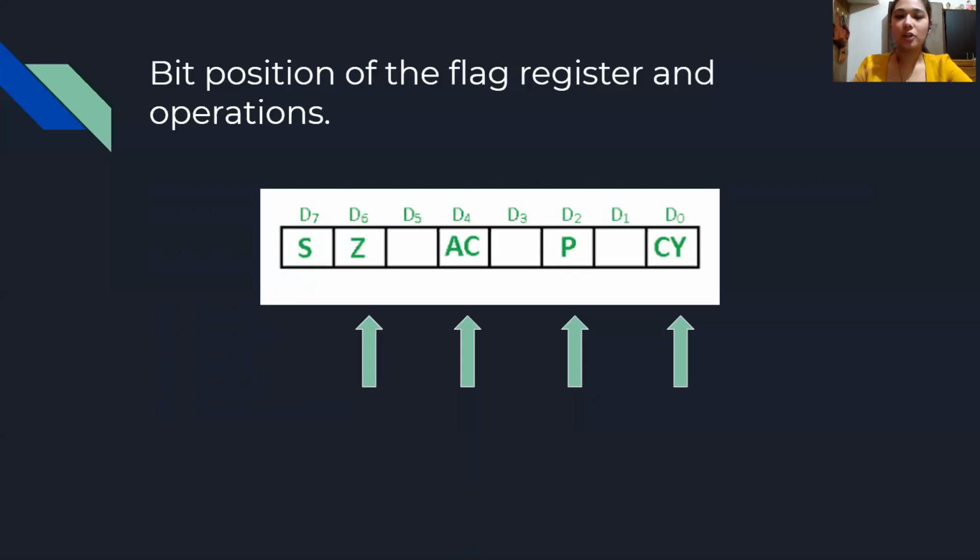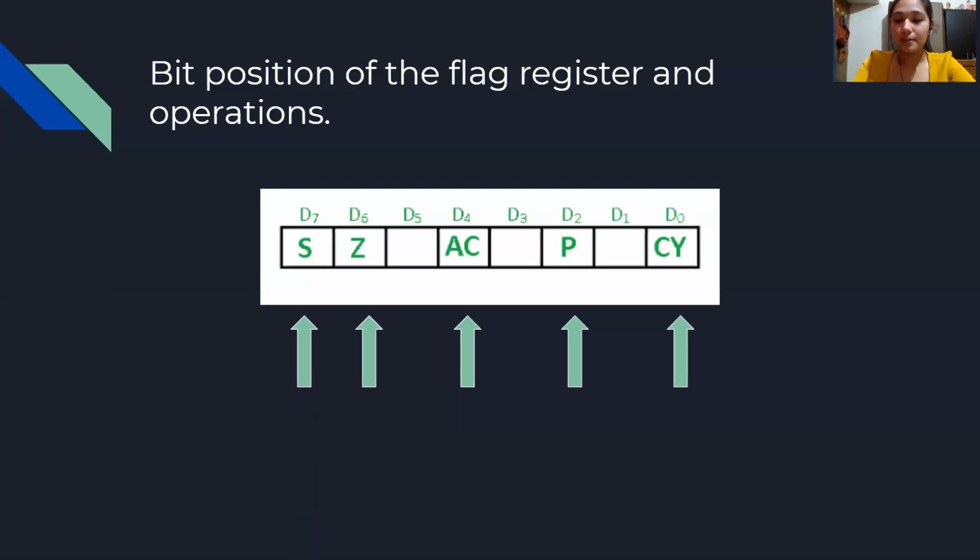So auxiliary carry is only in the picture in nibble to nibble operation. So auxiliary carry is set when the operation, addition, subtraction, whatever it be, at the D3 position being shown in the picture, generates a carry transferred to D4. Then the auxiliary carry will set to 1. Otherwise, it will remain reset.